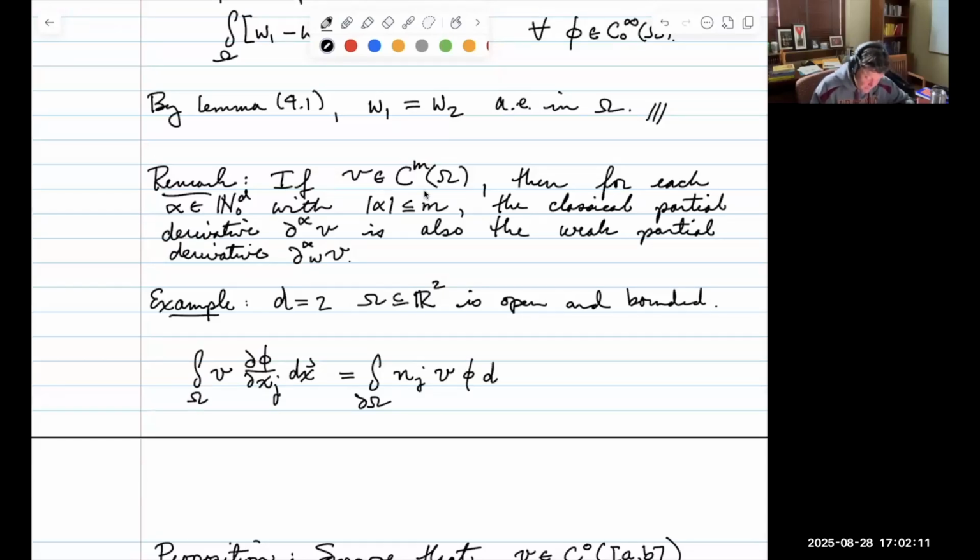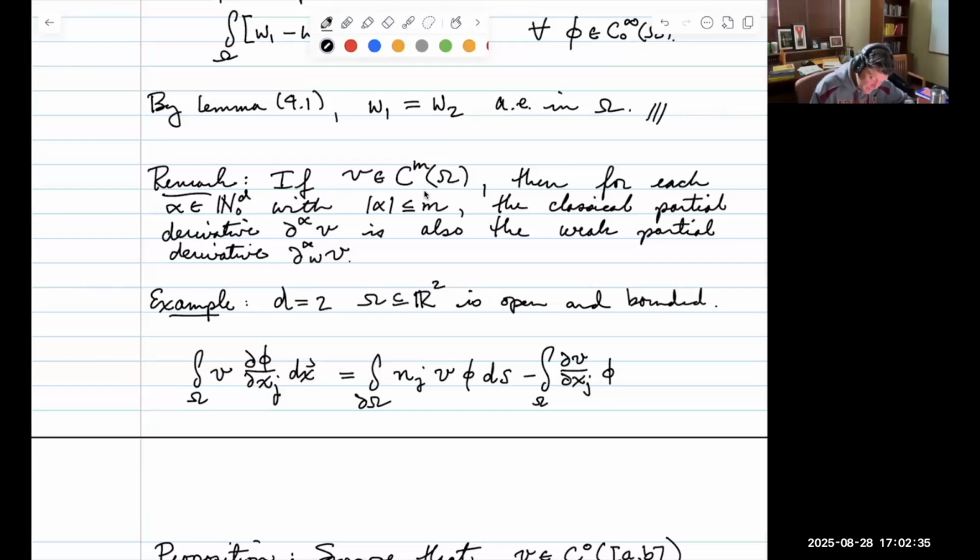We have to integrate over the boundary. And usually the boundary increment that I use is ds. Now, when I do integration by parts, I also have another volume integral, or I guess in this case, an area integral. But now I'm going to throw the derivative over onto v, if possible.